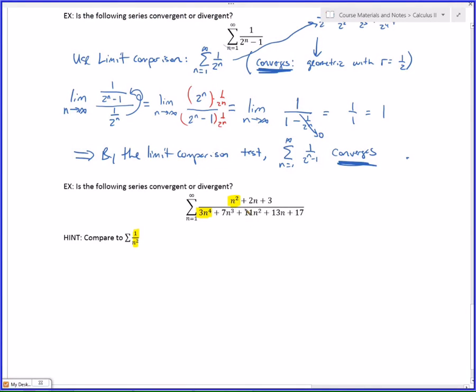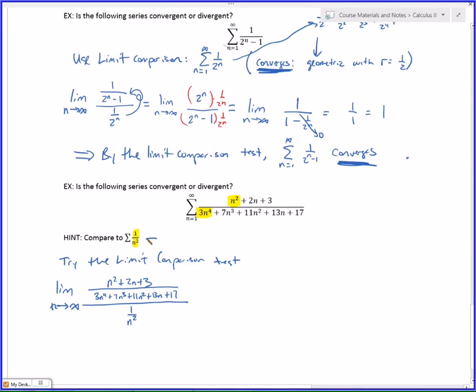But I don't have to worry about bounding this above now. I can just apply the limit comparison test. Okay, let's try the limit comparison test, which means take the limit as n goes to infinity of the unknown, n squared plus 2n plus 3 divided by 3n to the fourth plus 7n to the third plus 11n squared plus 13n plus 17, divided by the known, 1 over n squared.